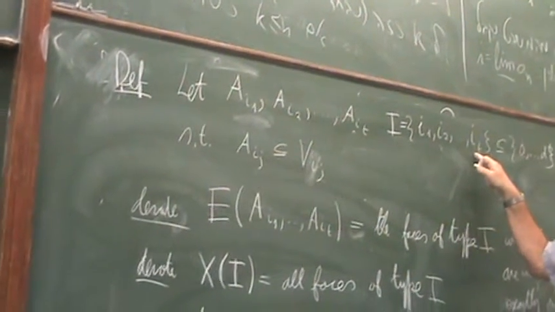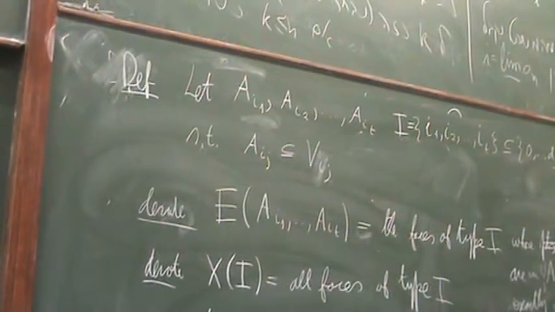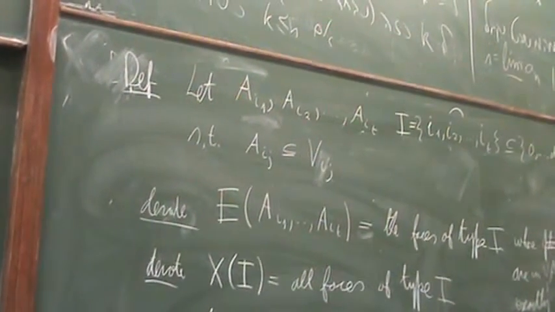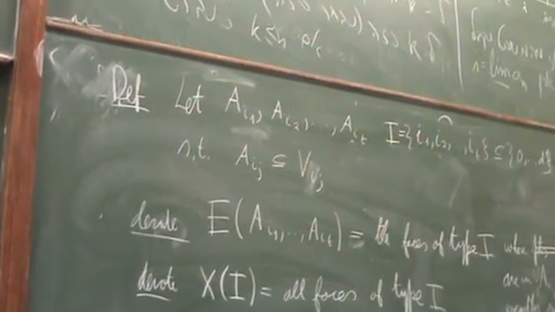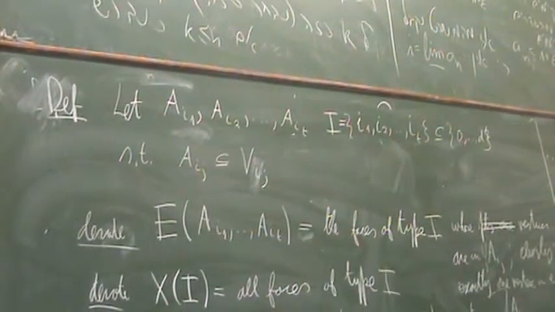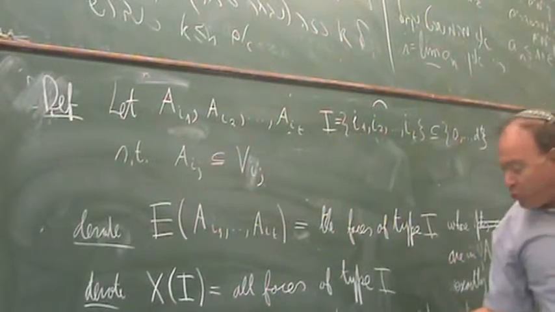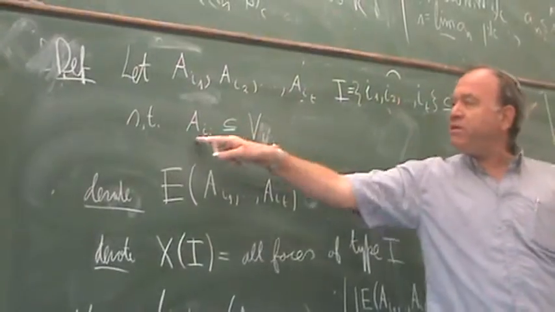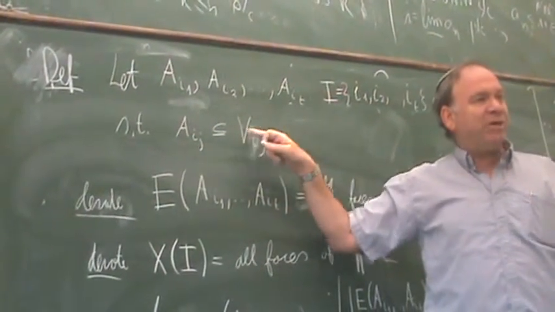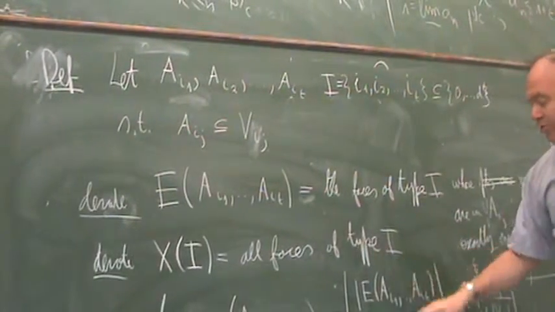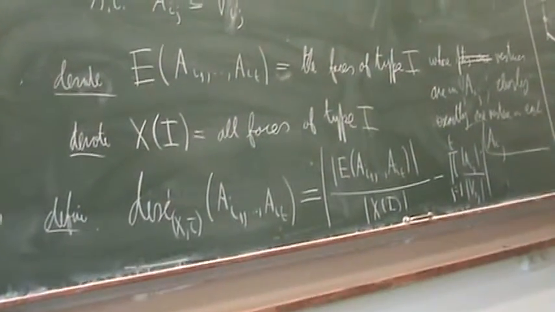So I want to look, say, only at the triangles of colors blue, red, and yellow, only of these colors. But among them, I want to ask how many have the blue vertex of a specific type, inside A_{ij}, and the red one of a specific type, and the yellow one of a specific type. What is the proportion?